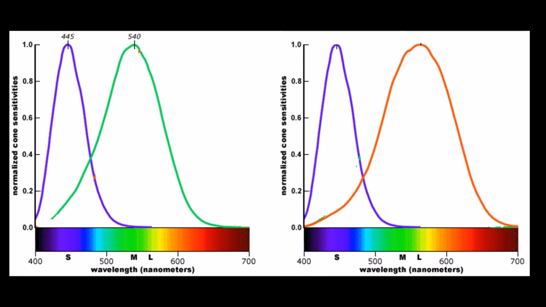Well, probably the simplest way to do it is to look at what happens at the extreme long wavelength end of the spectrum, above about 650 nanometers. So in this range sort of here.